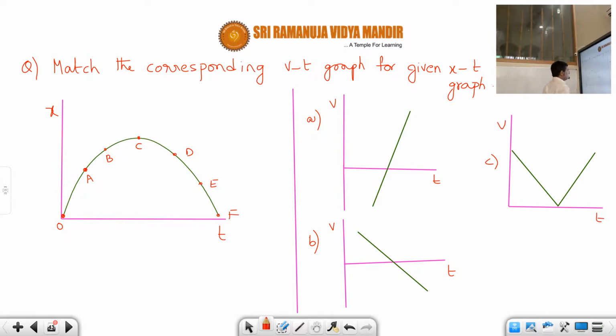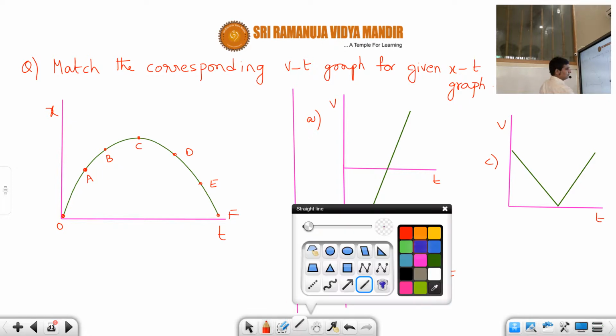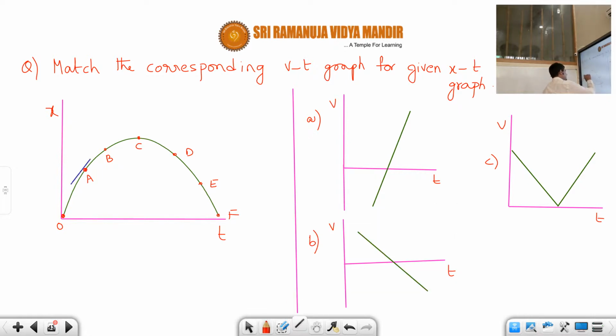So now what we have to do, just draw the tangents and find out the slopes. Okay, students, just draw the tangents and find out the slopes. So now if you draw the tangent here, it is like this, correct or not, students? Same way like this you can draw tangents like this, like this.